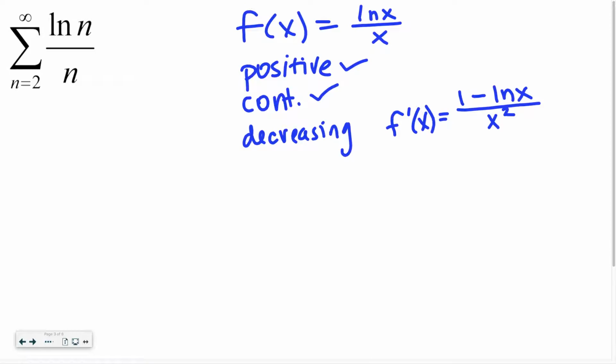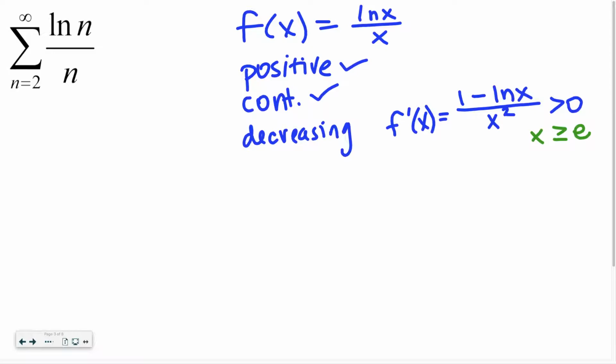Is that going to be a positive derivative for 2 to infinity? No. Is it going to be positive after e? Yes. If I plug e in here, we get 1 minus 1.